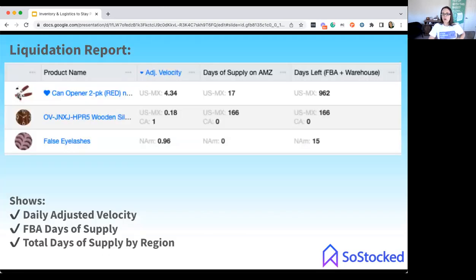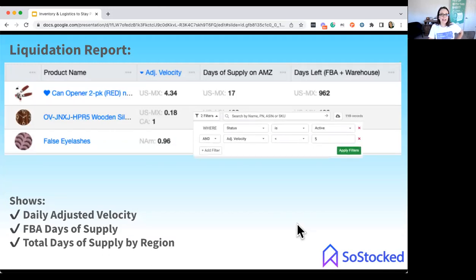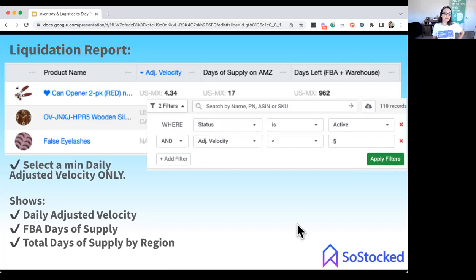The liquidation report is just what it sounds like. These are products that you don't plan on restocking. You need to sell through them or remove them from FBA. And what you are looking at is just a minimum daily velocity. Anything under, let's say, 5 units a day is going to be considered on the docket for liquidation.